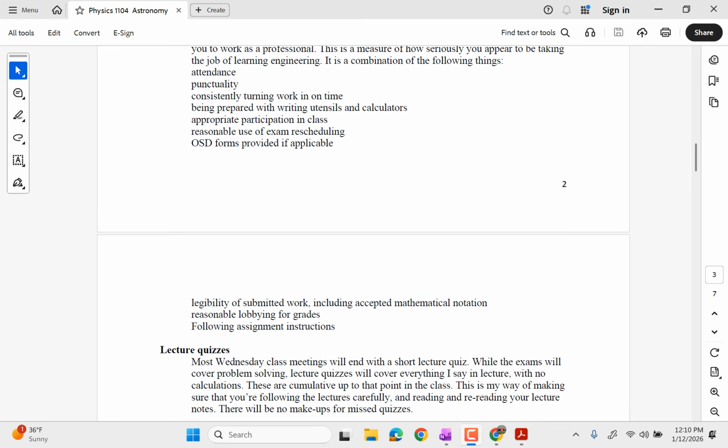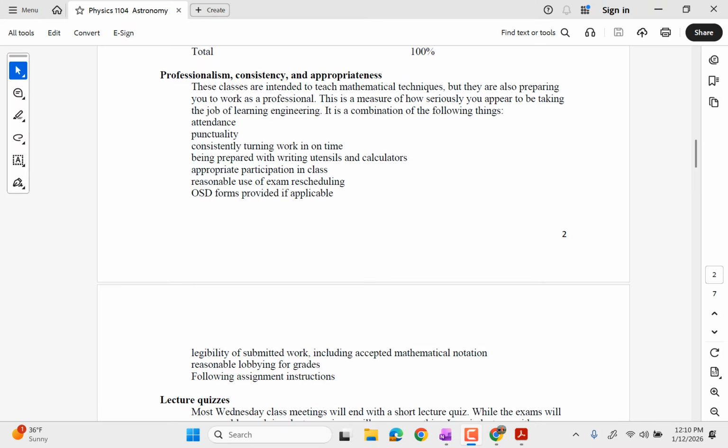The first one it mentions is attendance, and I just want to be very clear that right now there are a lot of things going on in the Twin Cities that are not safe for lots of people, and I do not expect you to make yourself feel unsafe to come to class. So this attendance thing, I'm not worried about that for now.